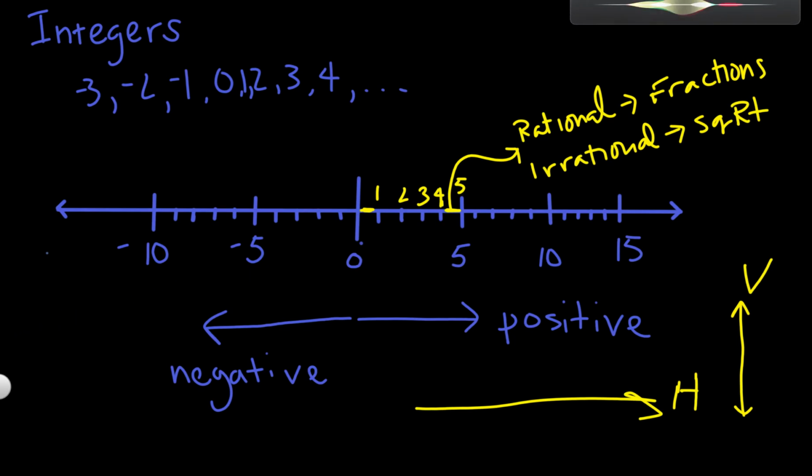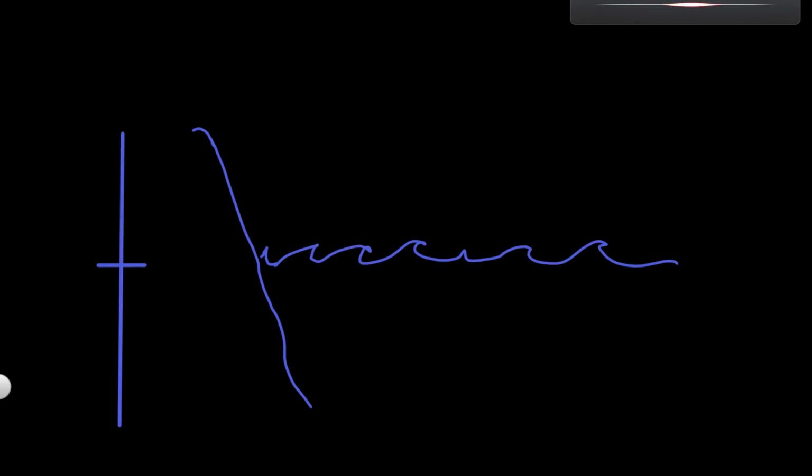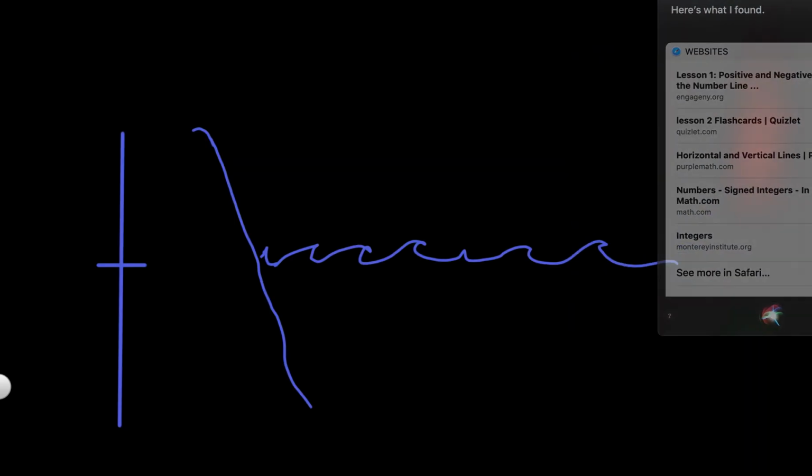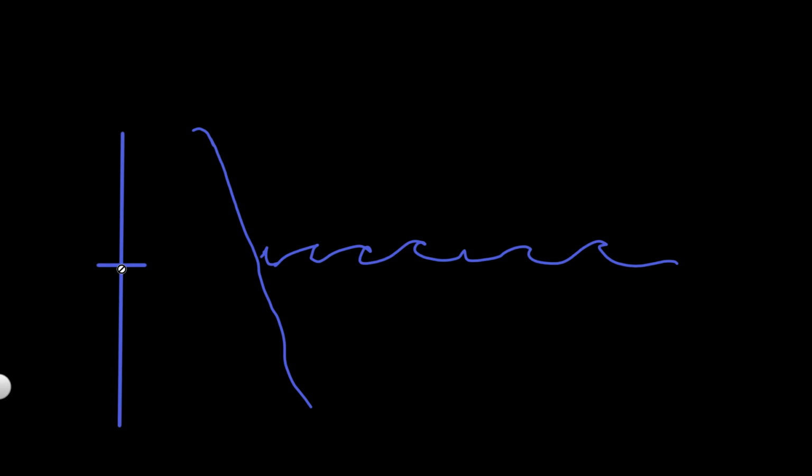But if we look at a vertical number line like this, again we can see that positive numbers are going up. So these guys going up are positive.